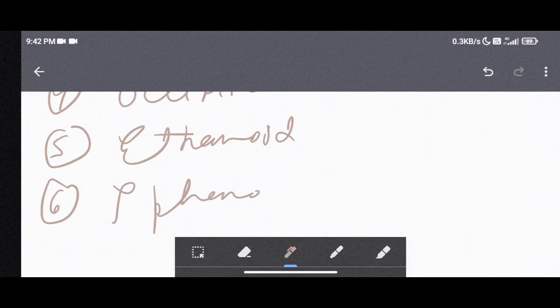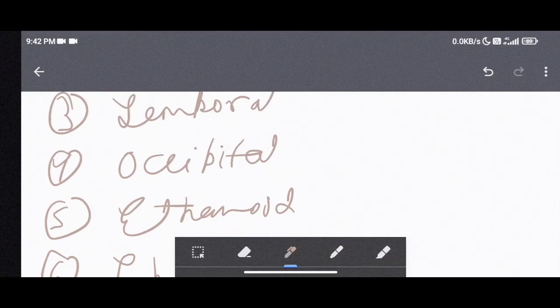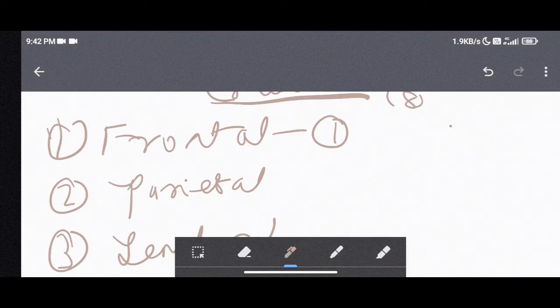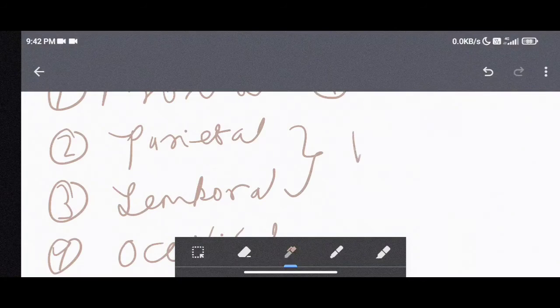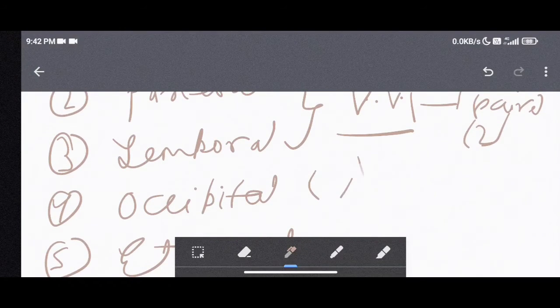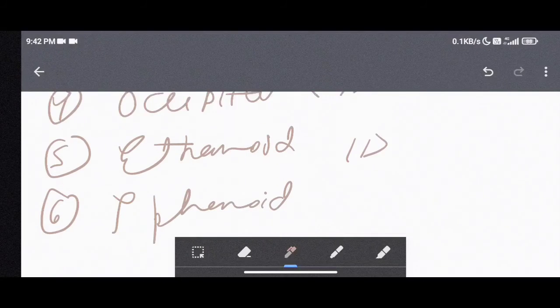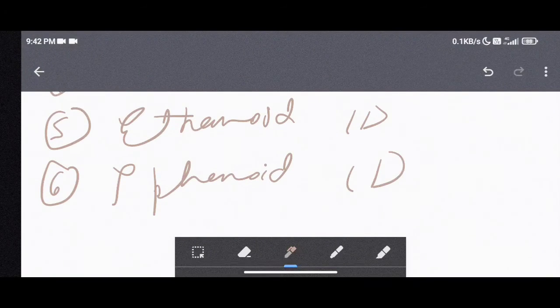Now these two are very important because they are paired, which means two bones each, and every other one is a single bone.